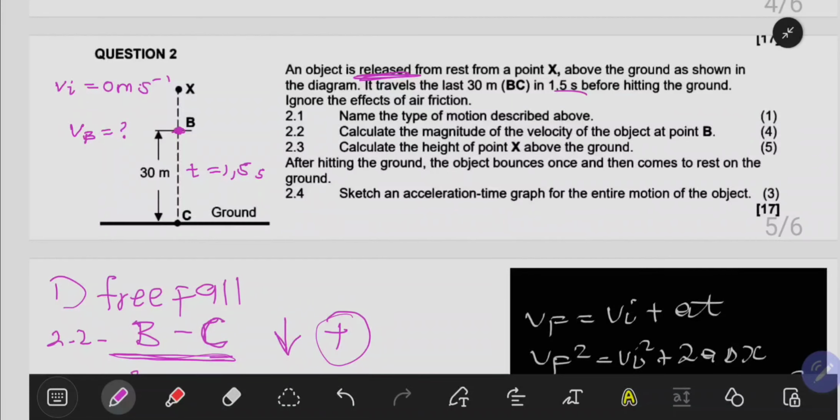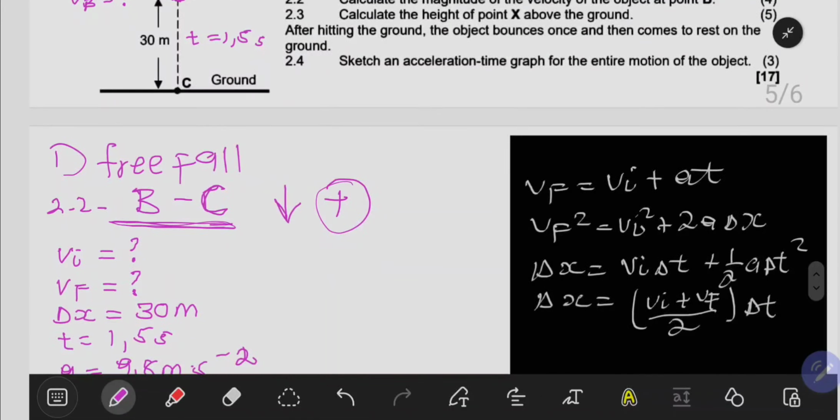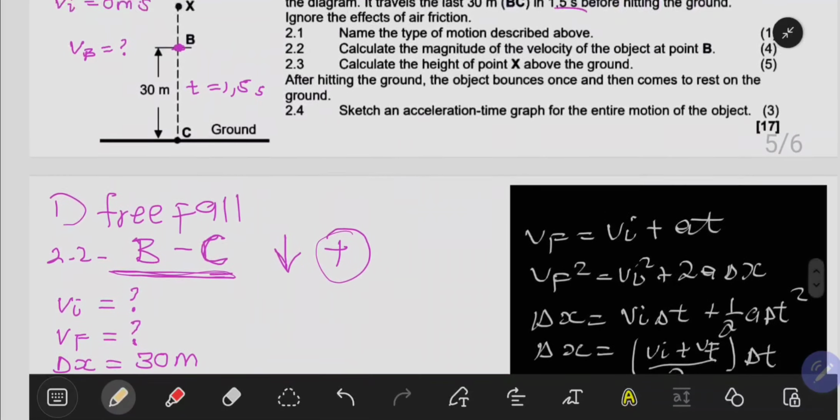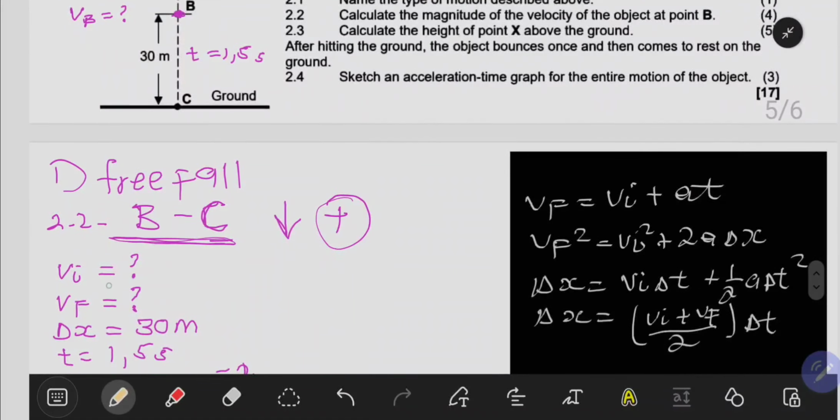All right. So now we are looking for the initial velocity, or the velocity at B, which is our initial velocity when looking at the path from B to C. In this case, we don't need the final velocity because we don't know it, so we can remove this.